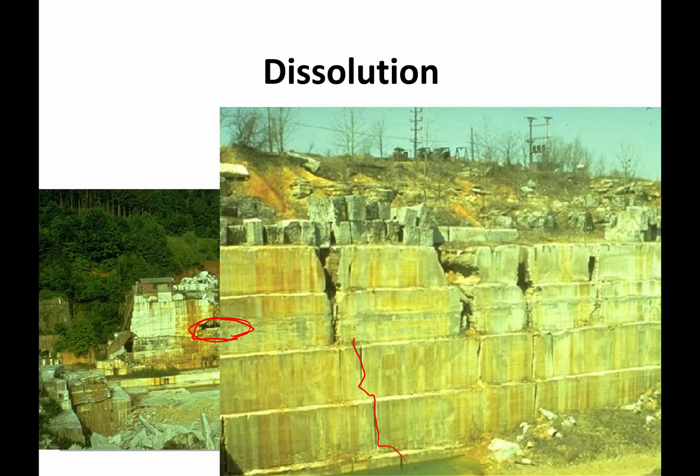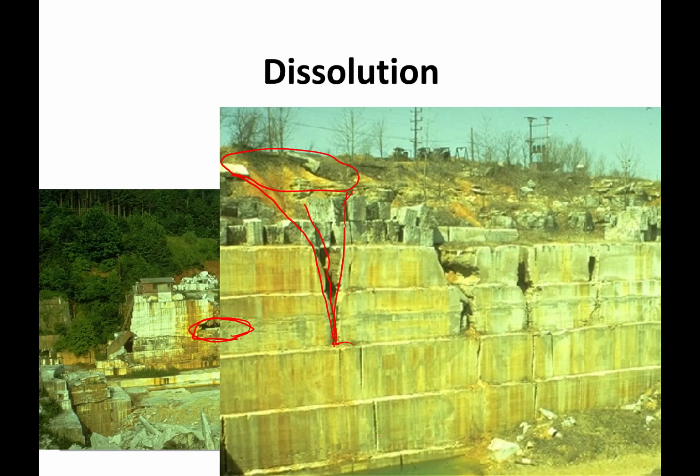Here's another picture from one of these limestone quarries, and this shows a nice vertical fracture here. As you follow that vertical fracture up, you can see that it's been enlarged and flares out, and up here it spans this fairly large area, but it necks down as you go down with depth, and ultimately it shrinks down to this fracture.